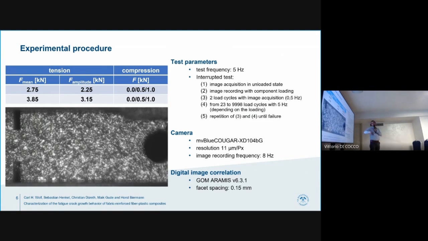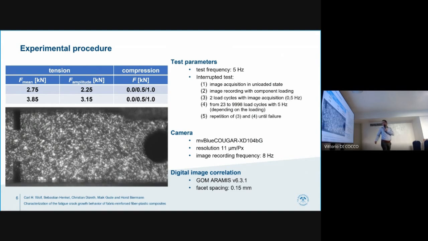And so we got the full field for 2 load cycles. Afterwards, we performed 10,000 load cycles with 5 hertz just to get fatigue crack growth. And afterwards, we repeat steps 3 and 4.